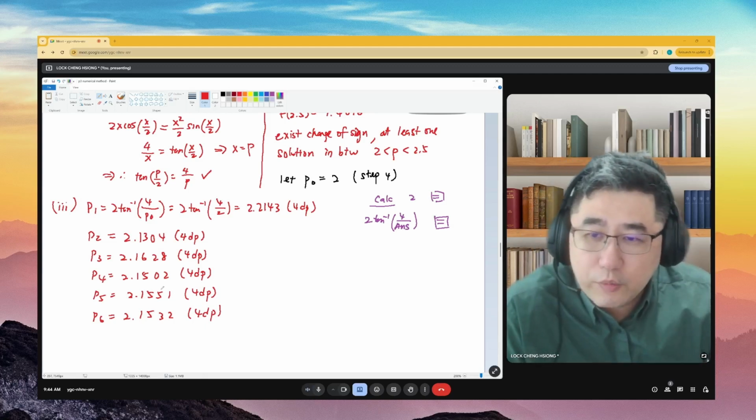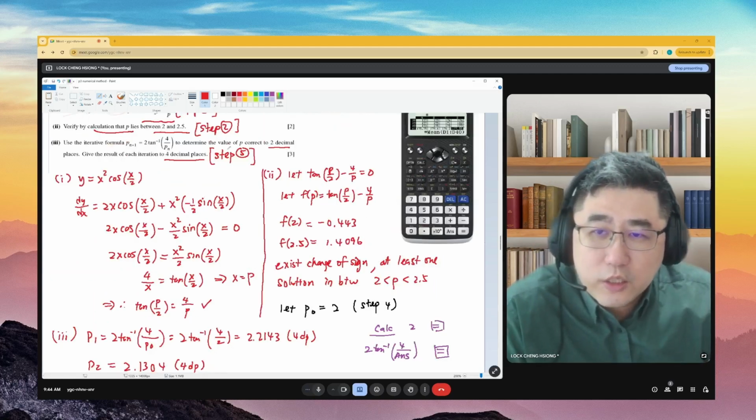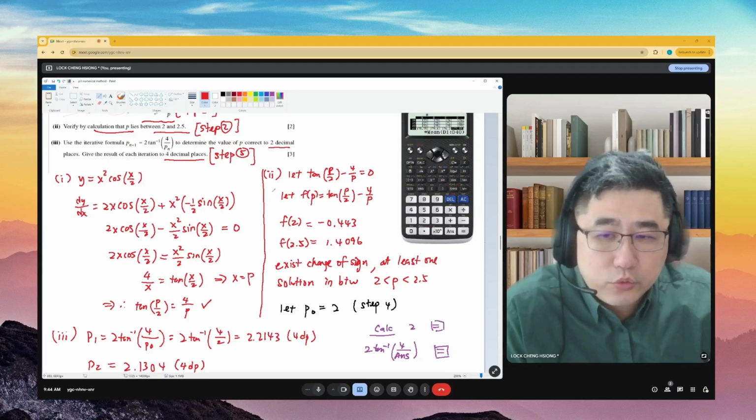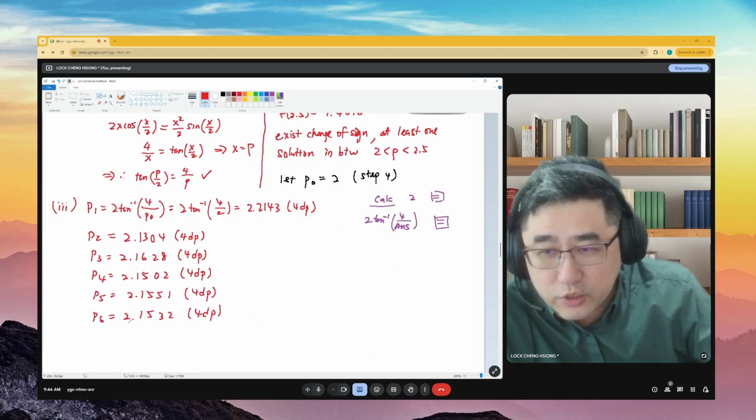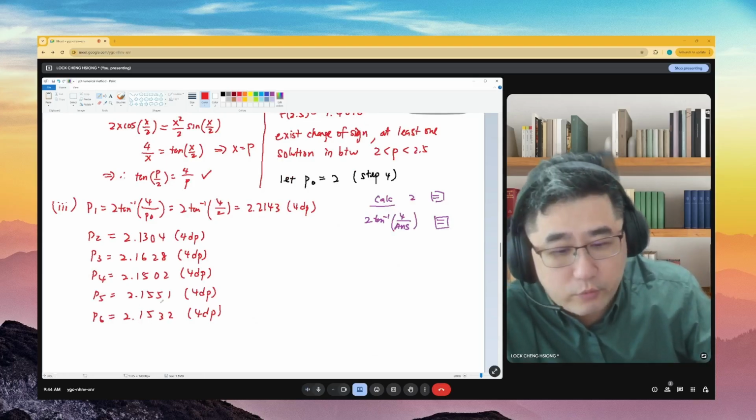When should we stop? According to the question, find the value of P correct to 2 decimal places. You will see that the value has already stopped changing at 2 decimal places. Maybe we just write one more.